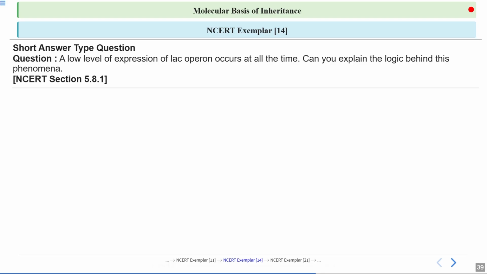It is expressed all the time, although at a very low rate. Because permease is being produced and permease helps in the internalization of the lactose. For transport of lactose into the cell, you require permease, and then only the lactose will be metabolized.